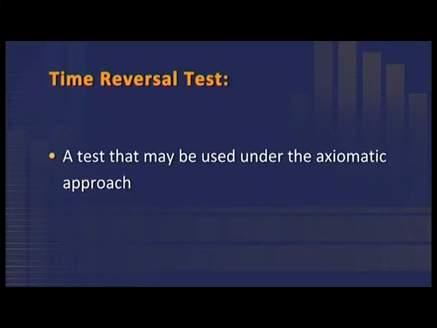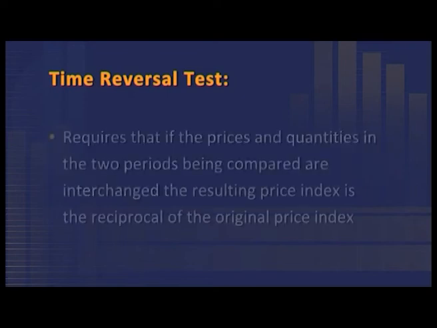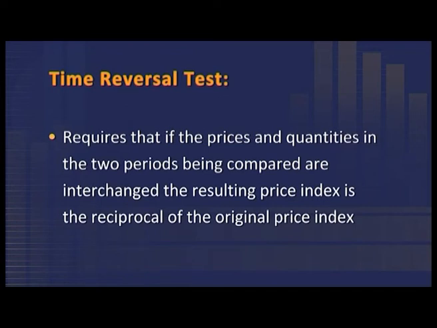Time reversal test. A test that may be used under the axiomatic approach, which requires that if prices and quantities in the two periods being compared are interchanged, the resulting price index is the reciprocal of the original price index.